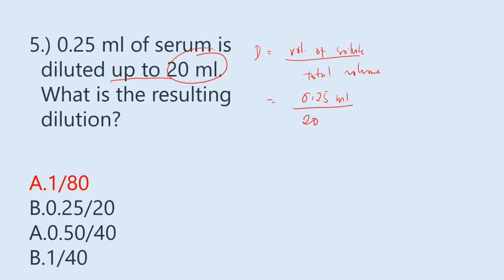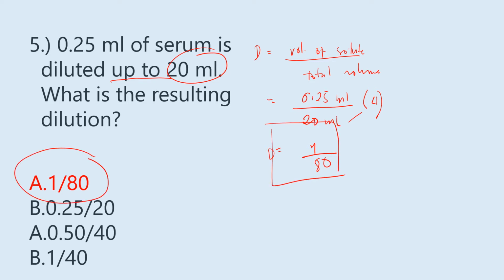So how are we going to make the numerator 1? You are going to multiply it by 4. So 0.25 times 4 becomes 1 over 20 times 4 is 80. So this is now the resulting dilution of the solution. So this is your answer.